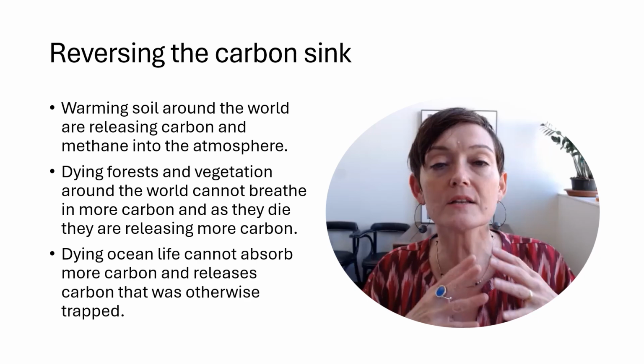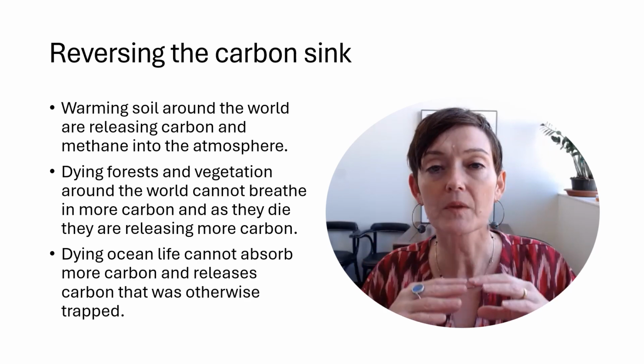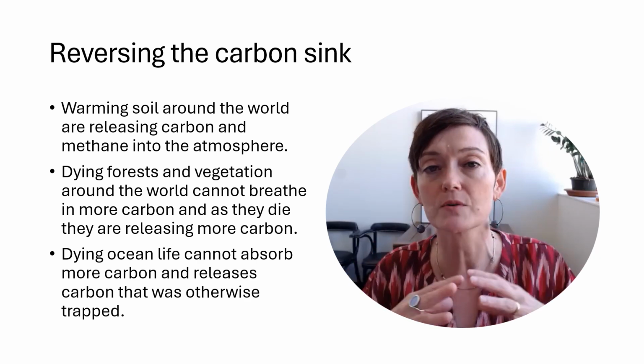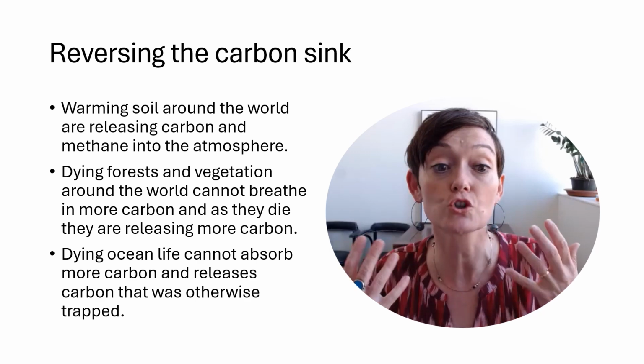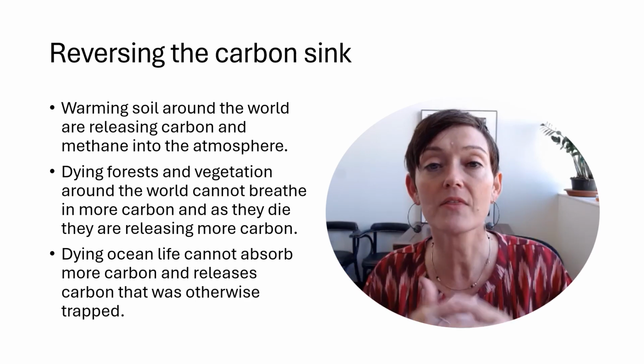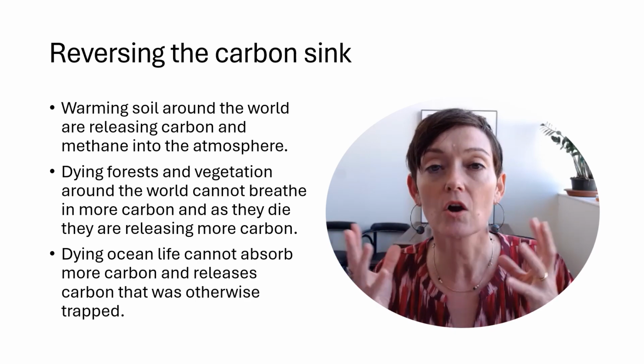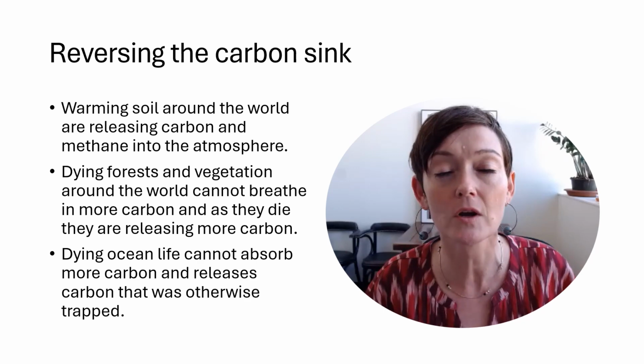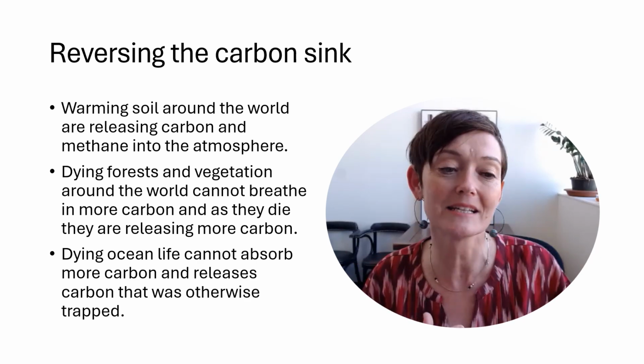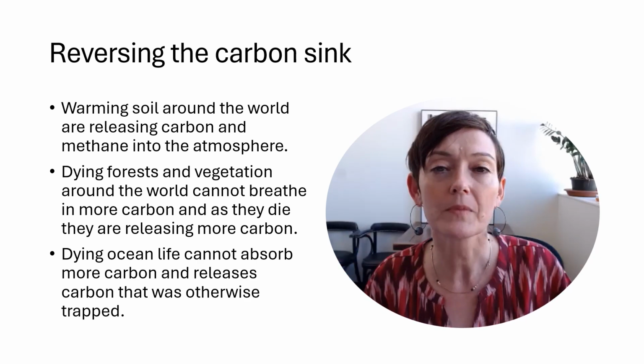But when soil starts to warm up, then those plants do decompose. The temperature gets such that they start to rot, and then the soil starts to release carbon and methane into the atmosphere at higher rates than it did before it warmed up.